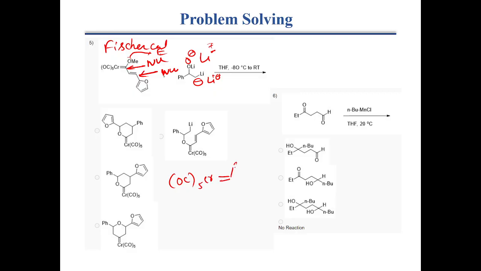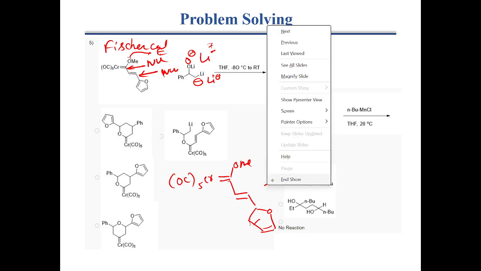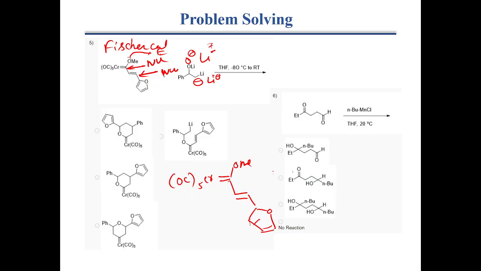If we write it this way, the Cr(CO)5 carbene with OMe and furan, treated with this, O minus Li plus, CH2 minus Li plus.